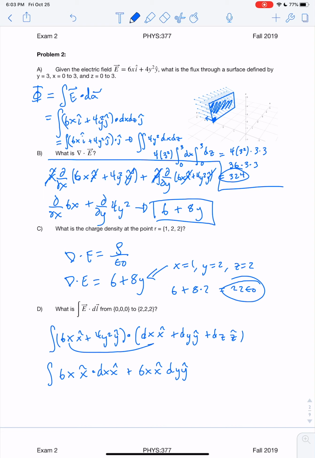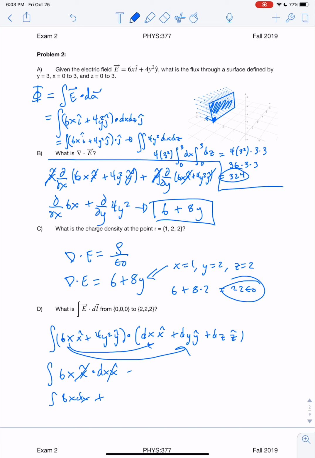If I multiply this through to everything, right, then the x hats, you get integral of 6x dx here, plus, and then this is 0 because x hat dotted into y hat, since they're perpendicular, the cosine is 90, you get 0 from each of those things, okay?